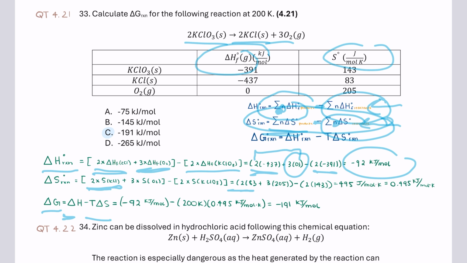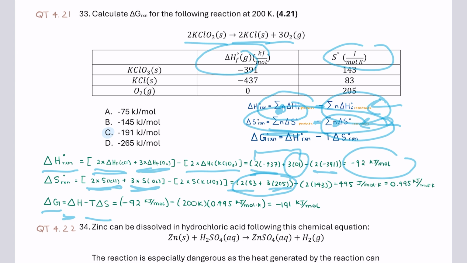That's going to give us 166 joules per Kelvin. We then have 3 moles of oxygen gas with a standard molar entropy of 205 joules per mole Kelvin. We multiply that by 3, that gives us 615 joules per Kelvin. Adding these together for the products, we get that the total entropy contribution is 781 joules per Kelvin. Then we subtract from that the entropy contribution of our reactant.